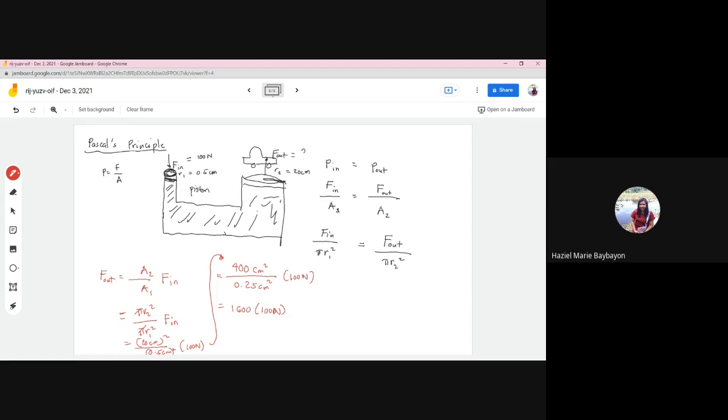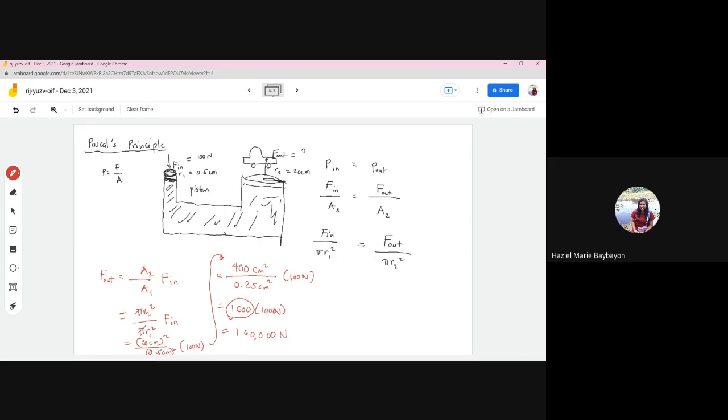Now, you have to take note that through this setup, we have multiplied our input force by 1,600 times. So the output force is 160,000 newtons.